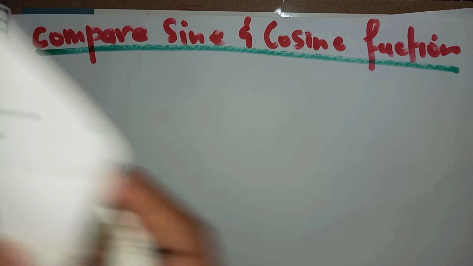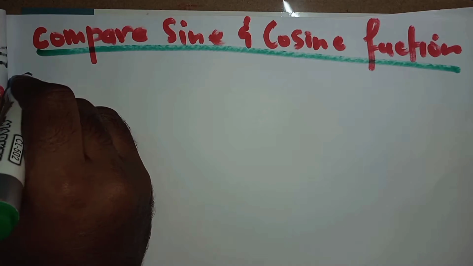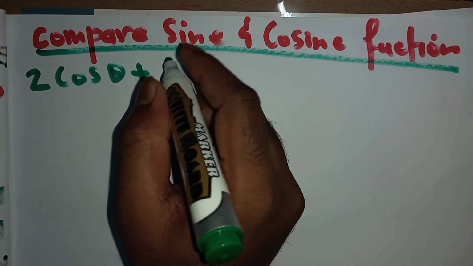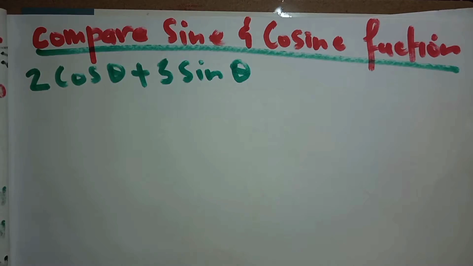Now your original function was 2 cos theta plus 3 sin theta. So you have 2 cos theta plus 3 sin theta, right?